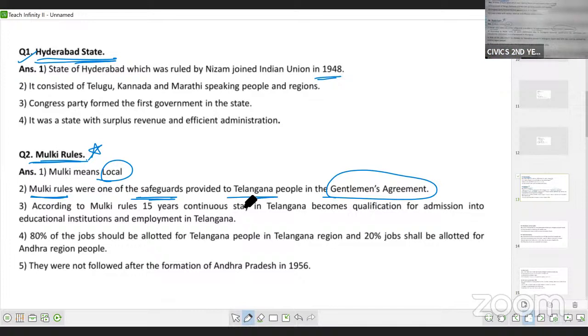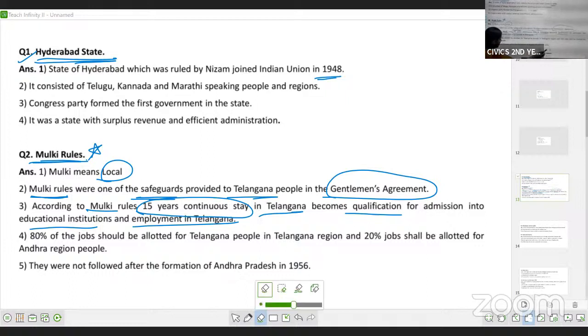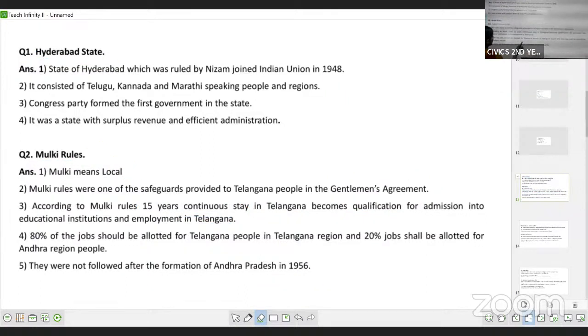So what does it mean? According to Mulki rule, 15 years' continuous stay in Telangana will become the qualification for admission into educational institutions and employment in Telangana. It means the people who are coming from the Andhra region have to stay in Hyderabad or the Telangana region for 15 years continuously. Only then will they get qualified to take admissions into educational institutions and get employment opportunities.